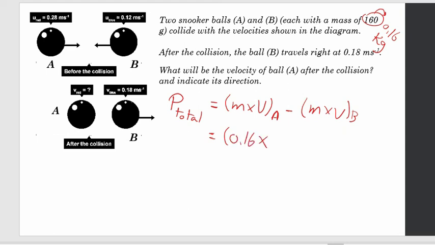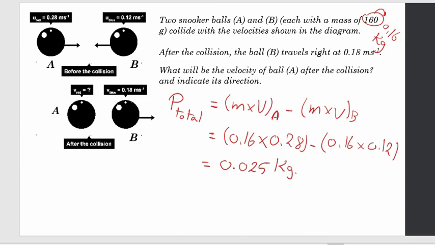This is multiplied by the first velocity, 0.28, minus 0.16 multiplied by 0.12. So the total momentum before the collision is going to equal 0.025 kilogram times meter per second. So this is the momentum before the collision.